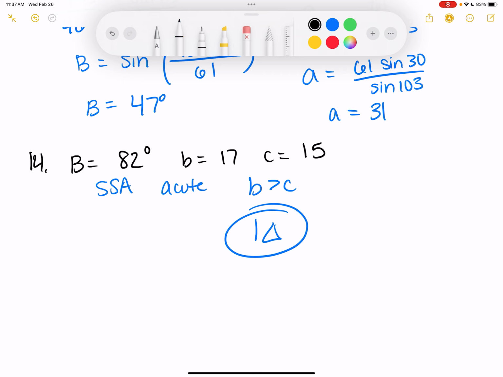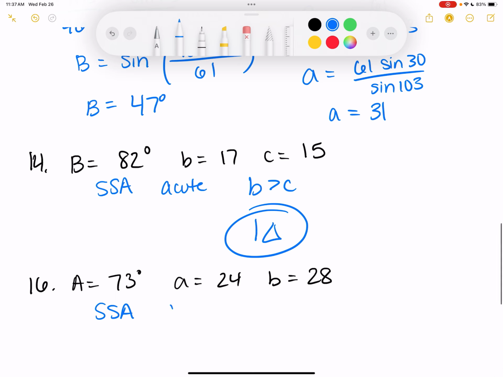Let's see, 16. Angle A is 73 degrees. Side A is 24 and side B is 28. So which situation do I have here? Side angle. And is it acute or obtuse? Acute. So I'm looking at A compared to B because A is what I have the angle for.